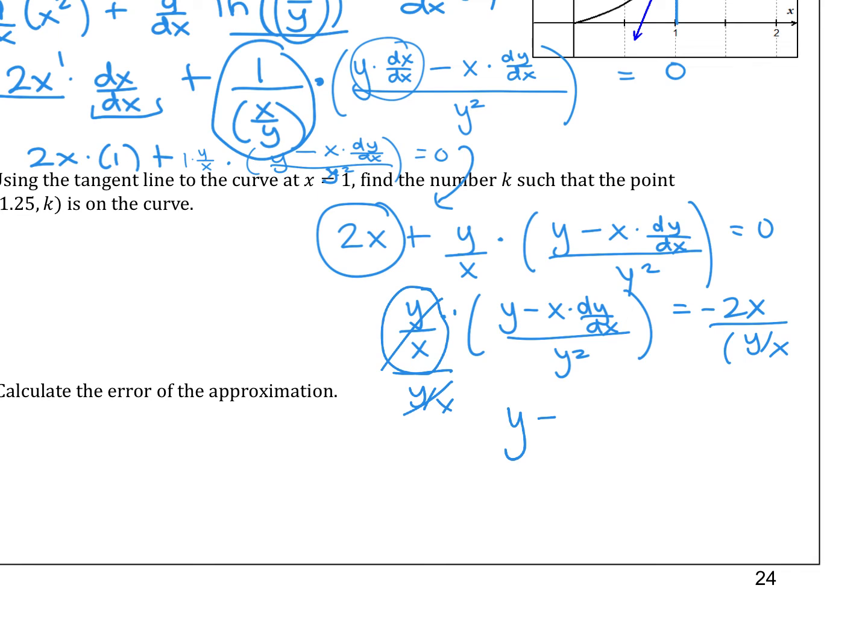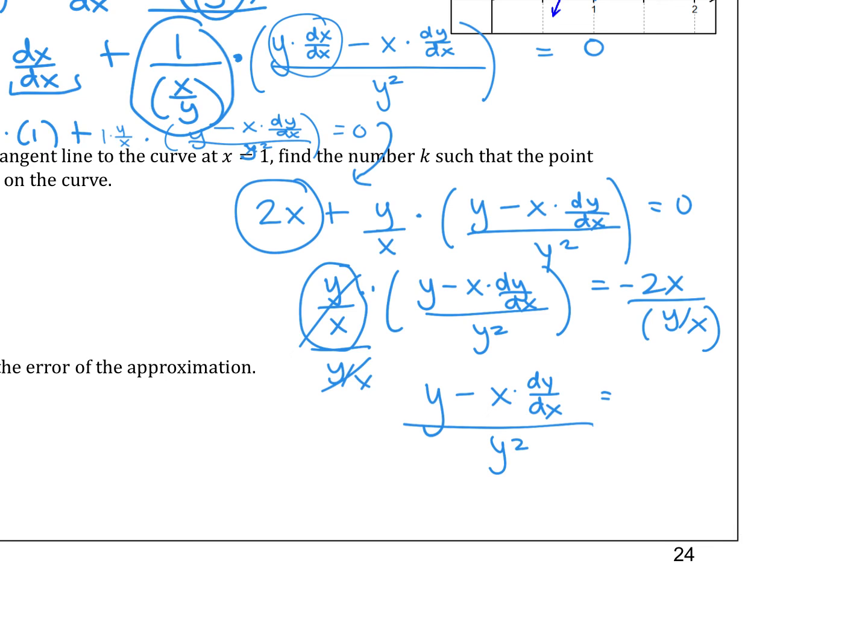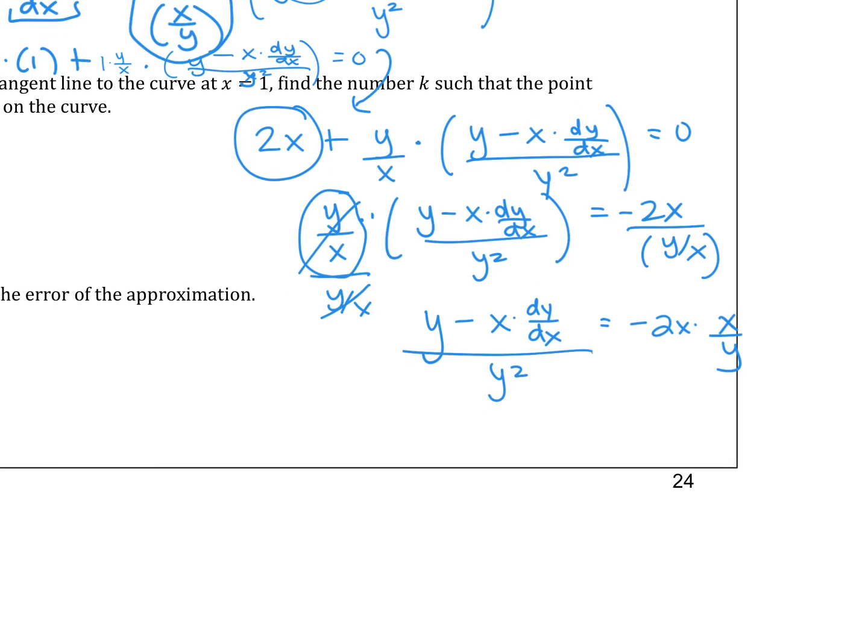So I'm left with y minus x times dy over dx over y squared. And here, this is the same as saying negative 2x times x over y. Multiplying by the reciprocal, I get y minus x times dy over dx over y squared equals negative 2x squared over y.